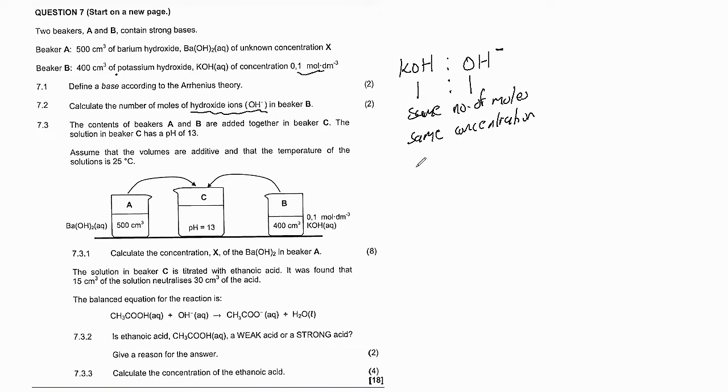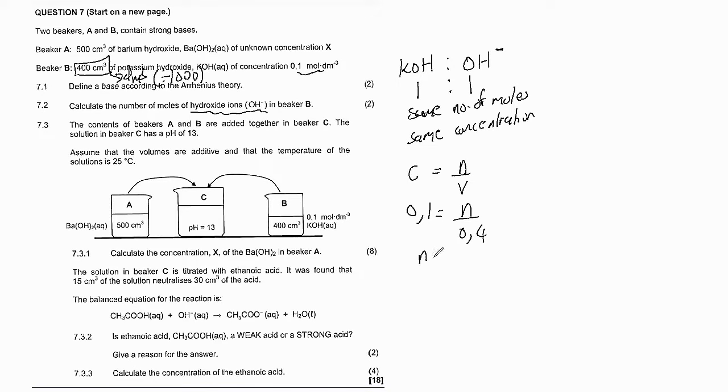So to calculate the number of moles of the hydroxide ions, we use the same concentration and the number of moles. Remember the volume is constant, that's 400 cm³, but we need to convert to dm³ by dividing by 1000, so we get 0.4.